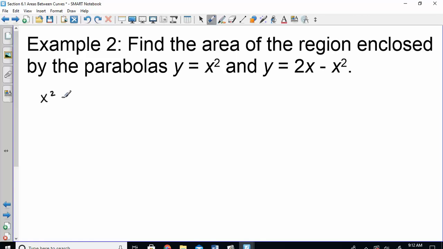So they're both equal to y. Let's set them equal to each other, so that I know where I'm going to start and stop. And I'll use that to help me draw my picture. So if I'm going to set this equal to 0, I would add over my x squared, subtract my 2x. Then what could we do?